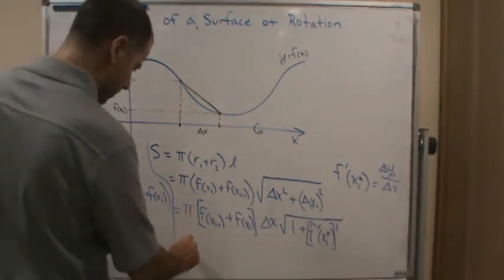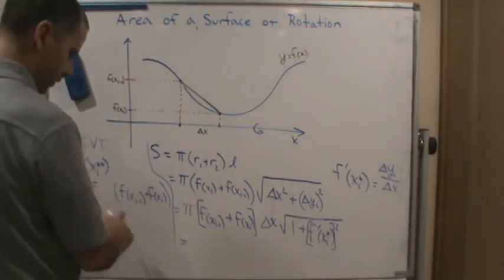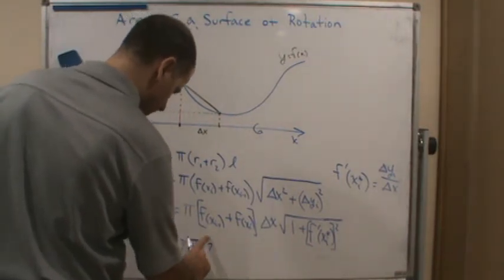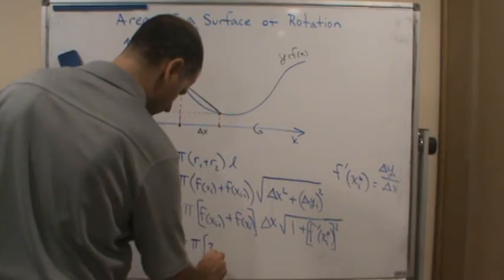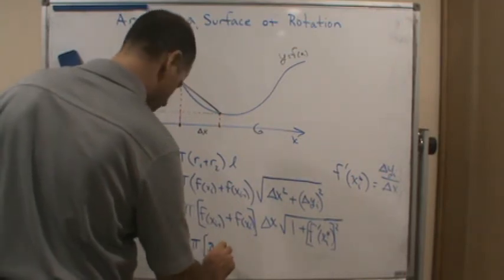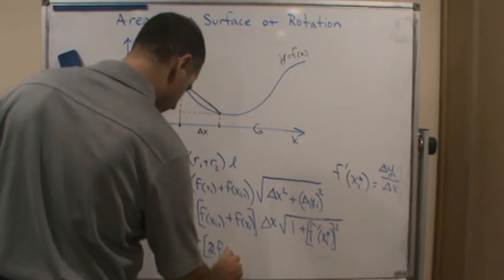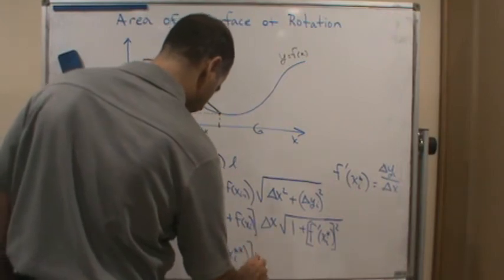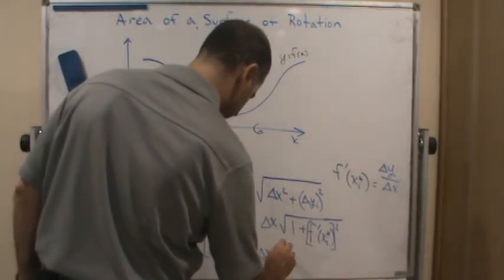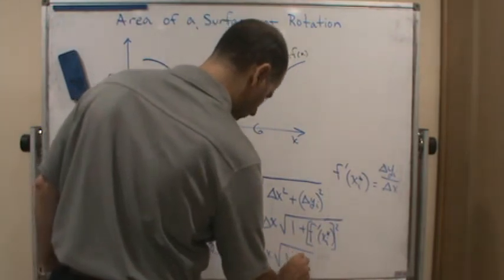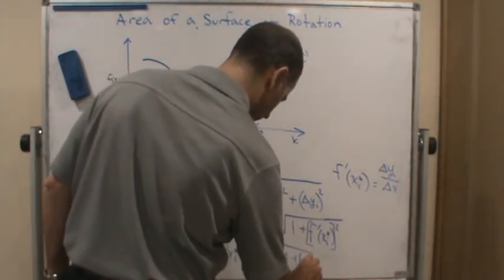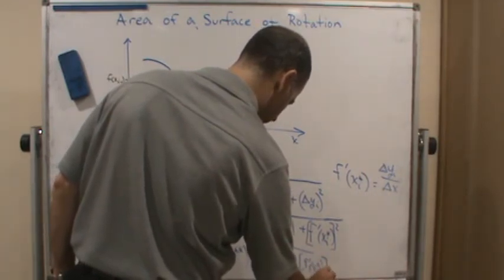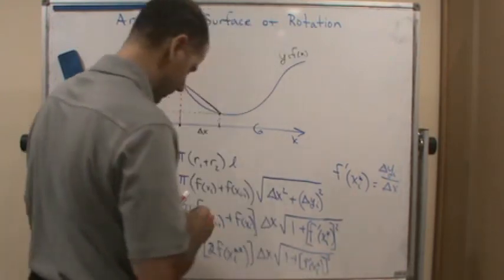So now I'm going to substitute in this for this, which is now going to be pi times, for the time being, pi times 2 f of x sub I star star delta x 1 plus f prime of x sub I single star quantity squared.